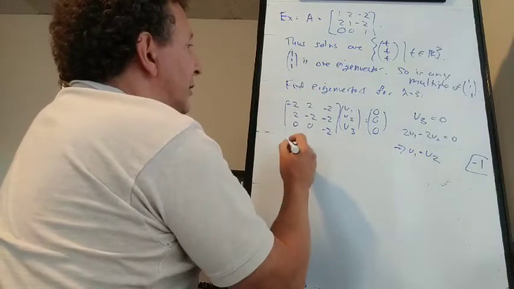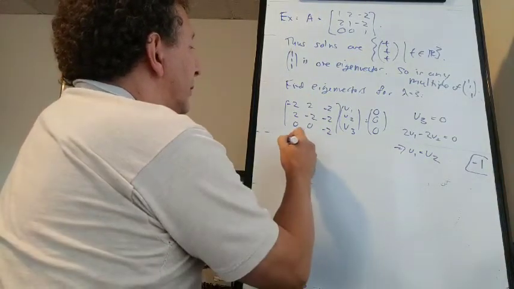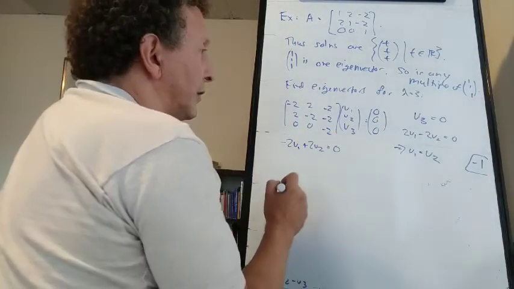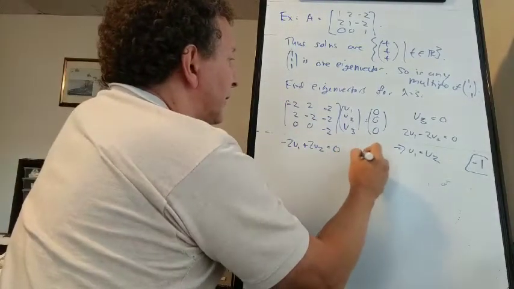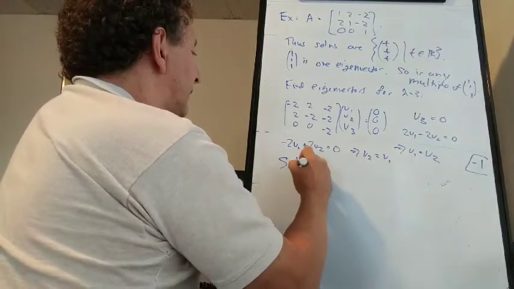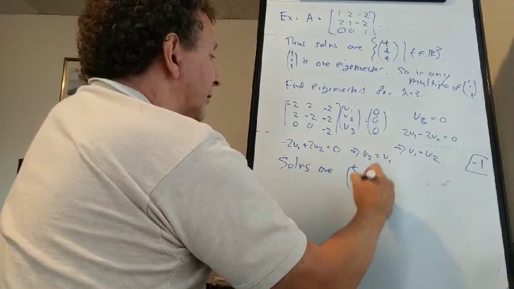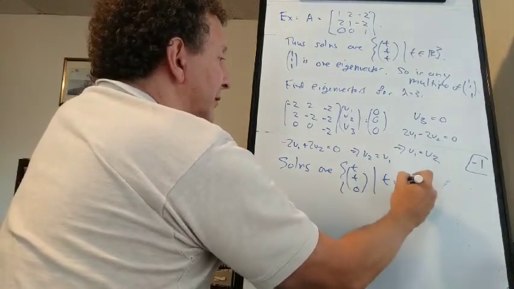And then the first equation says minus 2v1 plus 2v2 equals 0. So that's the same thing. v2 equals v1. So the solutions are anything, anything, 0. The first and second components have to be equal. And t can be any real number.